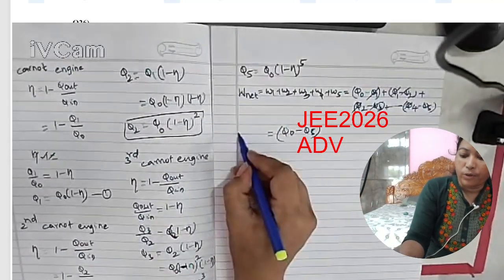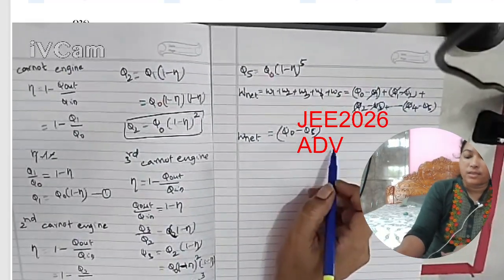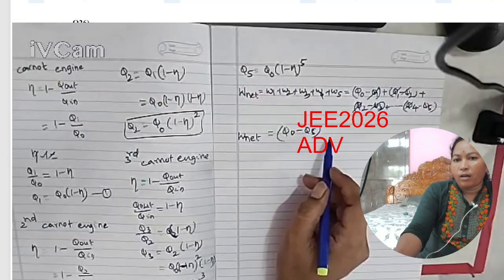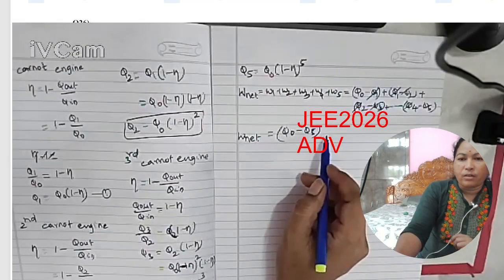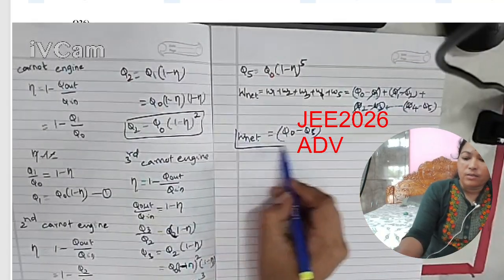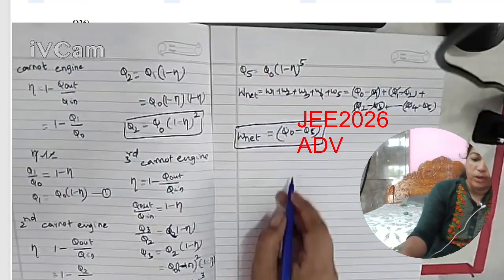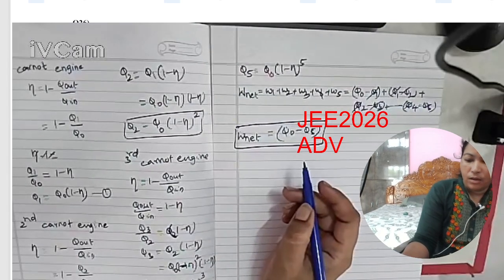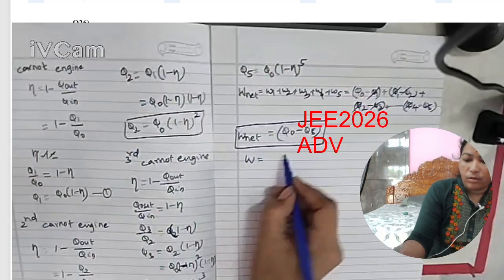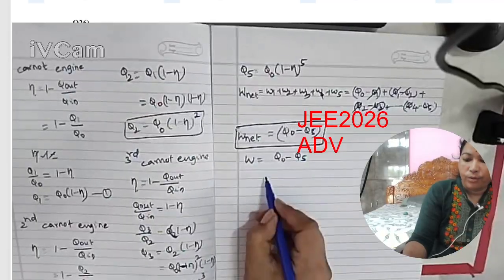The W net, the total work done in that cycle, depends on the initial source and the last engine's rejected heat. Only on these factors is the W net dependent. From this, you can get W is equal to Q naught minus Q5.